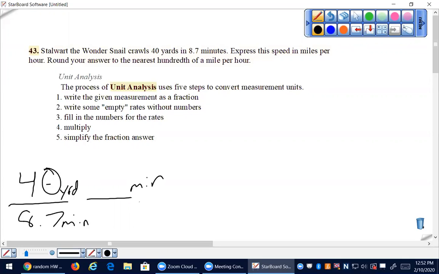And what's your goal? You're trying to express the speed in miles per hour, and then round it to the nearest hundredth of a mile per hour. Under minutes instead of yards, what can you turn minutes into? Hours. Yeah. So erase the second yards at the bottom.